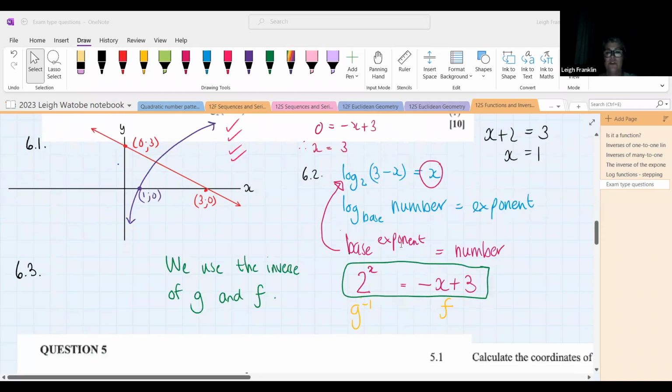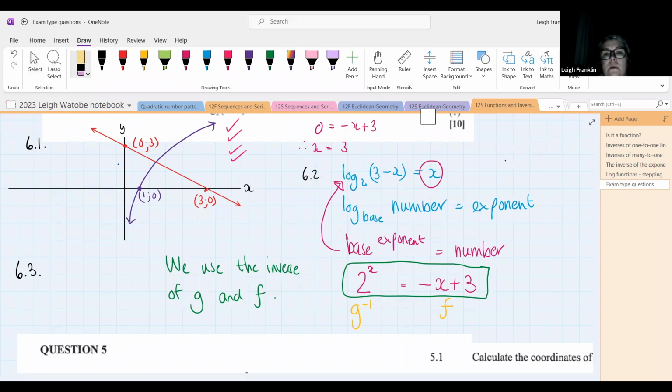So look at 2 to the x and minus x plus 3. And now by inspection, can you figure out what the value of x needs to be in order to make the left-hand side balance with the right-hand side? Anyone got any ideas?